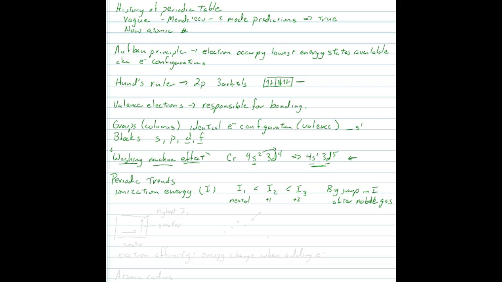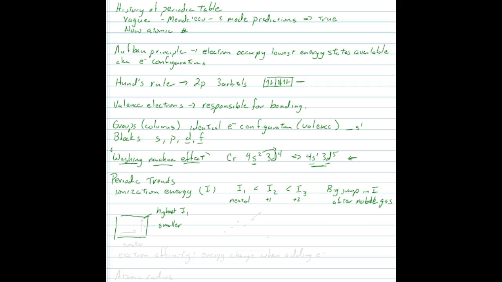The top right-hand corner of the periodic table has the highest first ionization energy. The atoms are smaller. So in the periodic table, this corner has the highest I sub 1. It's because it's a smaller atom.